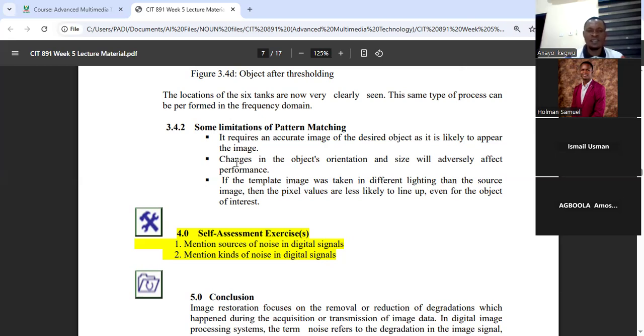And finally, if the template image was taken in different lighting than the source image, then the pixel values are less likely to line up, even for objects of interest. So these are a few limitations that relate to pattern matching.